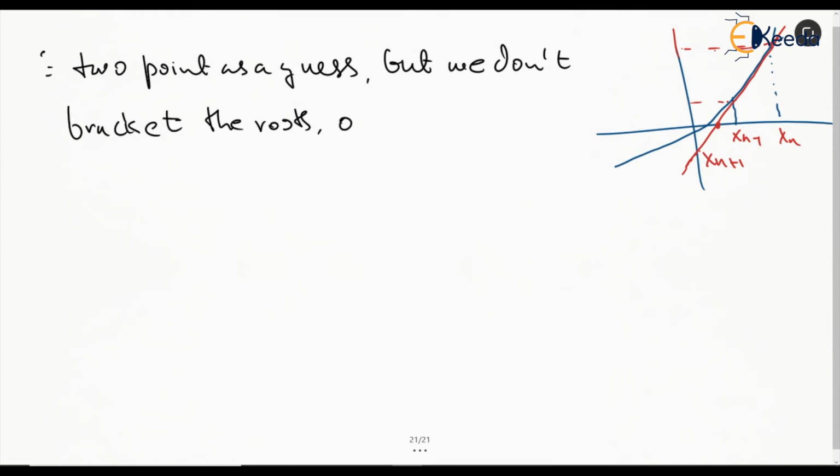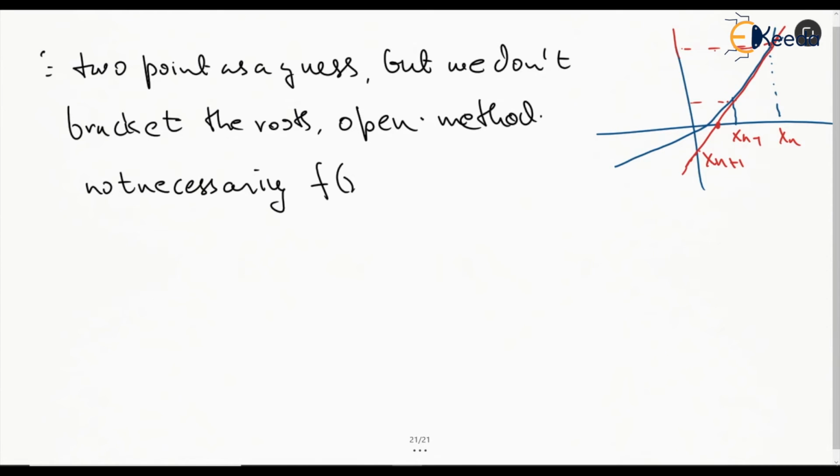So it is an open method. It is not necessary that f of x naught into f of x1 be less than 0. It may or may not be less than 0, right? It is not necessary or required.